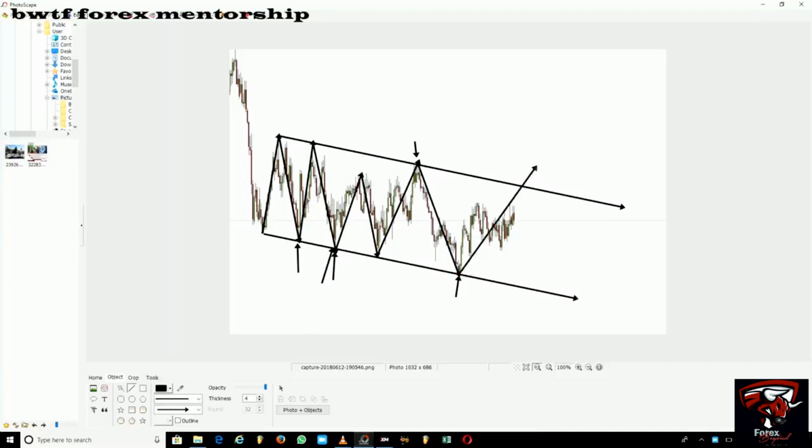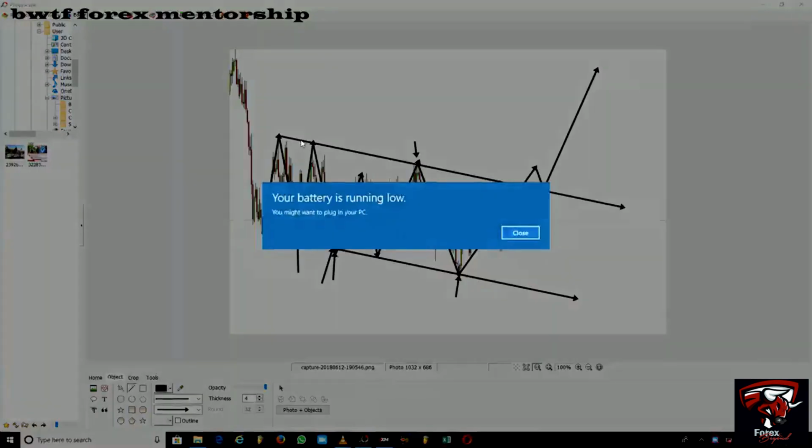Then you wait for the market to come back and bounce against this wall, and it's gonna keep going up. Simple. And now you buy against this support. Every time the market breaks resistance and goes above it, it will come back and use that resistance as a wall, you know.